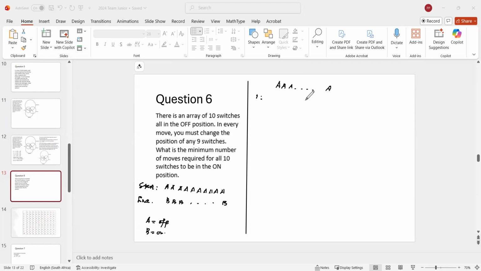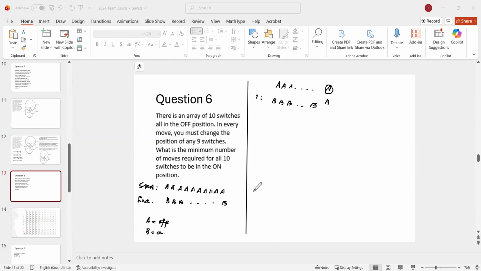And you move 9 of these switches. You keep one of them fixed, maybe the last one, and let's ring that to say we don't change that. So after one move, all these now become B. The 9 B's and 1 A.